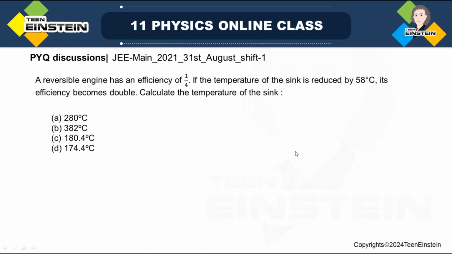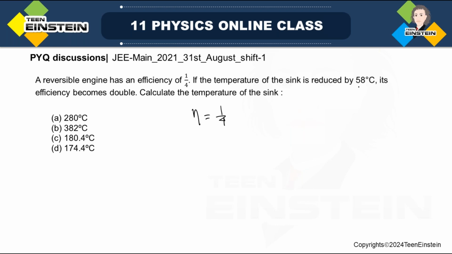Okay, so this is again an interesting problem. This problem says a reversible engine has an efficiency eta is equal to 1 by 4.